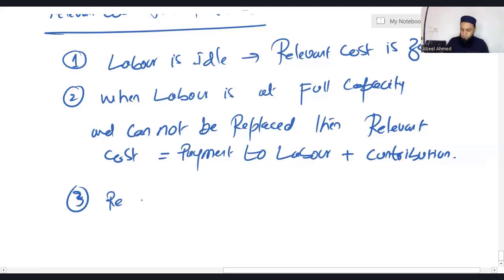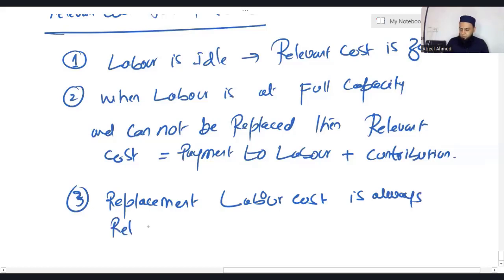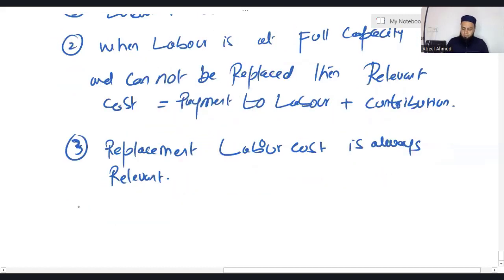Either you are paying more or not, that is not an issue. Replacement labor cost is always relevant, because the new replacement labor comes only because of the new project.